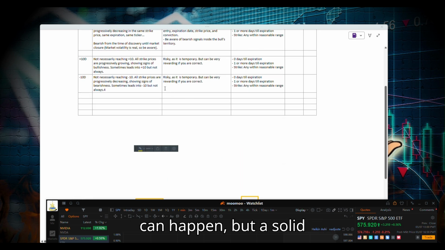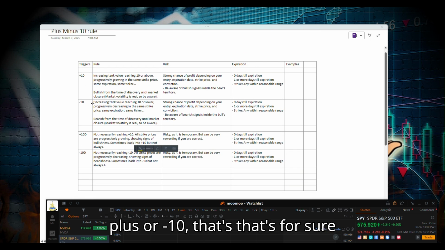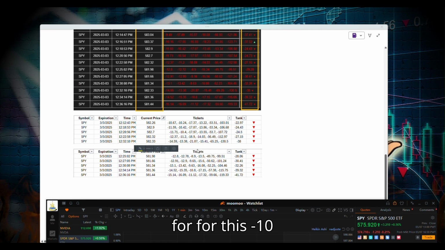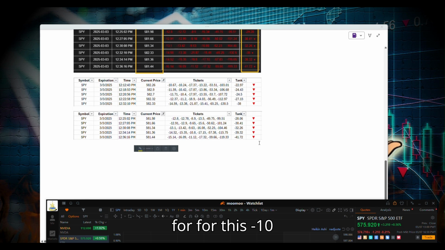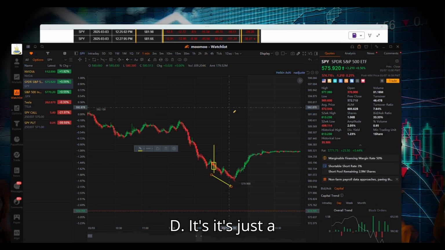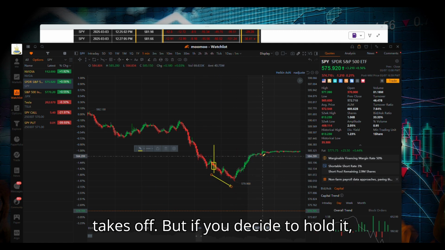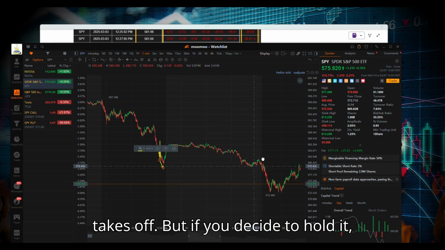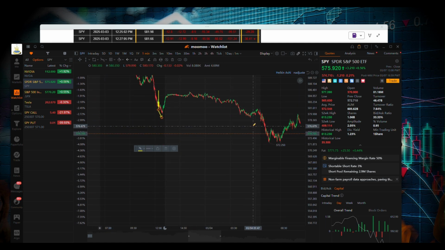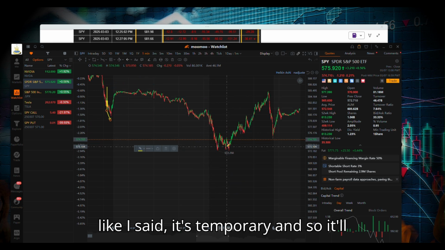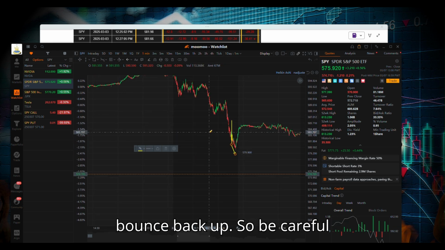Anything can happen, but a solid plus or minus 10, that's for sure going to go up. But the minus 10D is just a temporary movement, and then it finally takes off. If you decide to hold it, you'll win also, but like I said, it's temporary, and so it'll bounce back up.